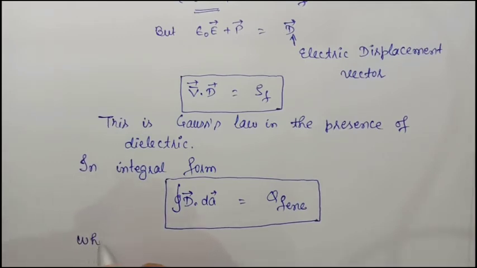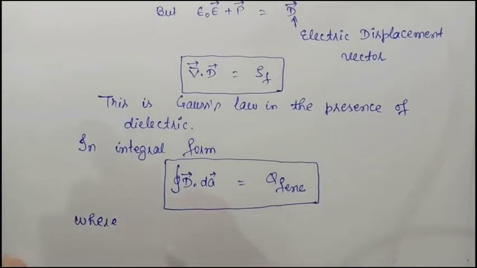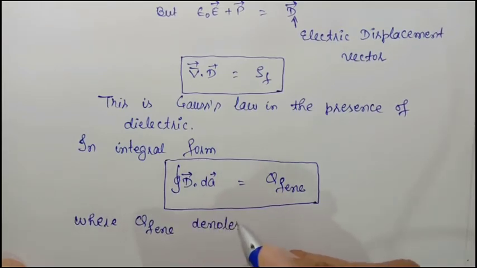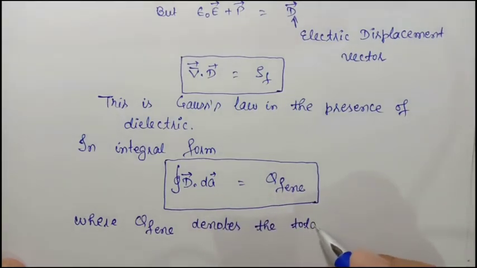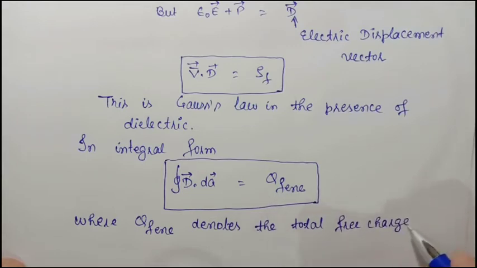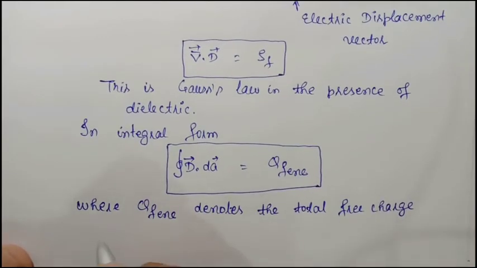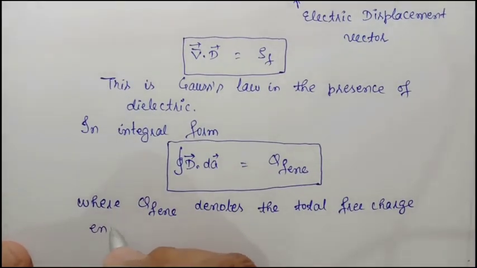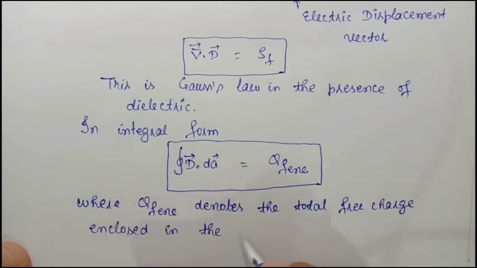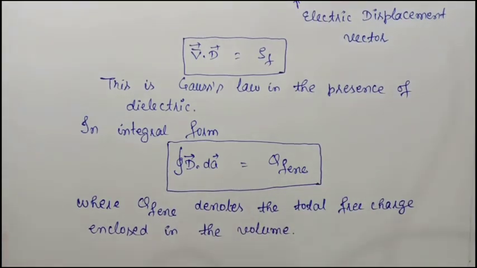So where Q F enclosed denotes the total free charge enclosed in the volume. Okay.